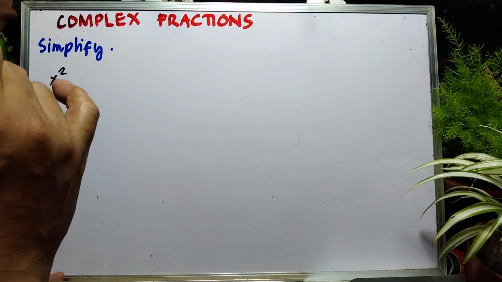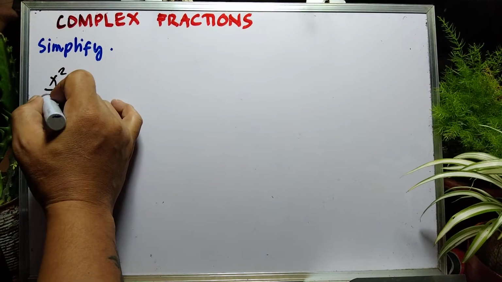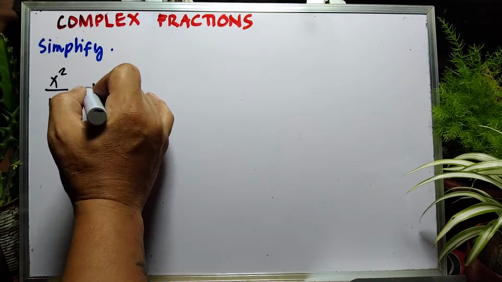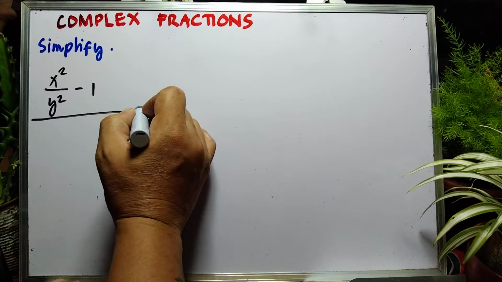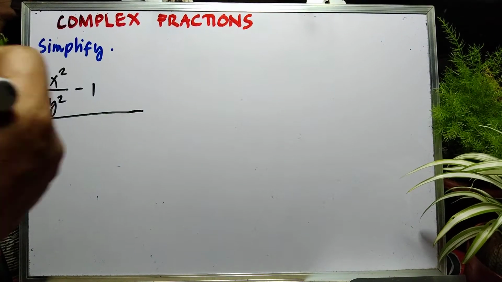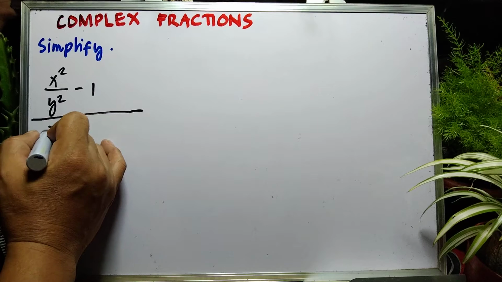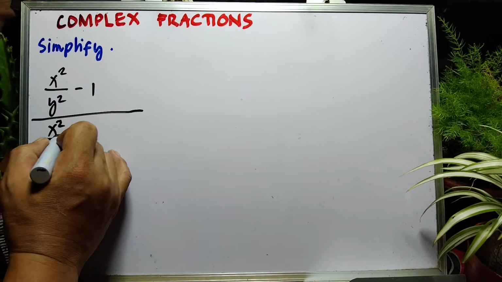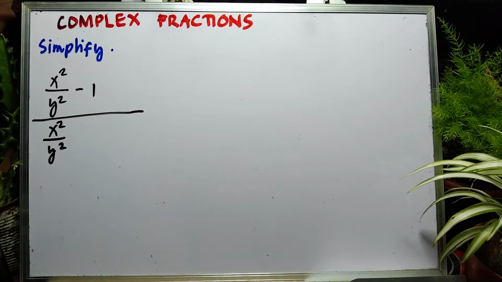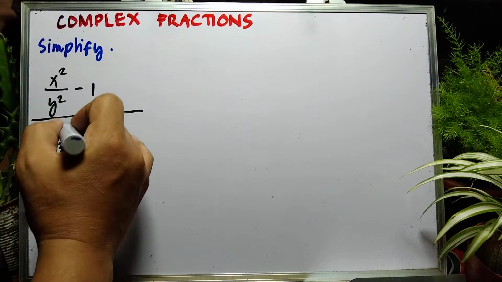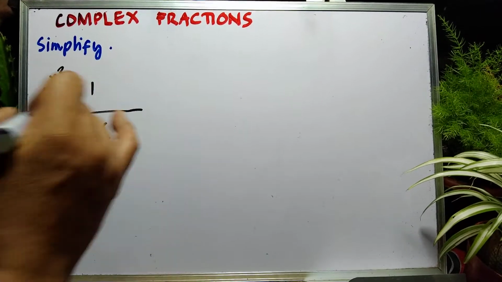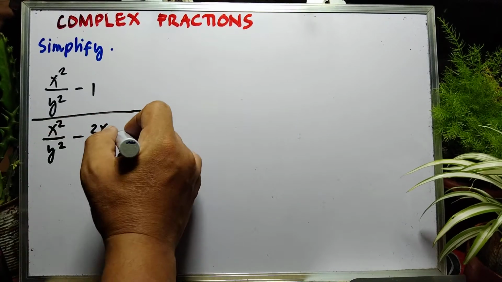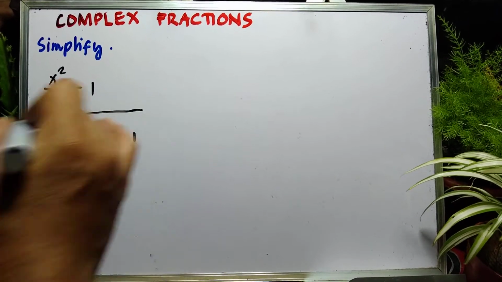X squared over y squared minus 1 all over x squared over y squared minus 2x over y plus 1.